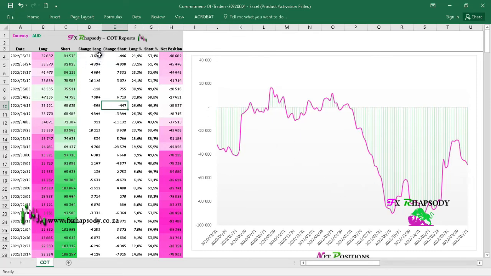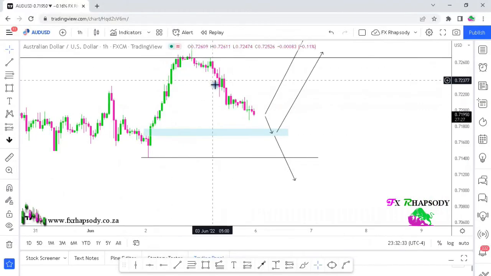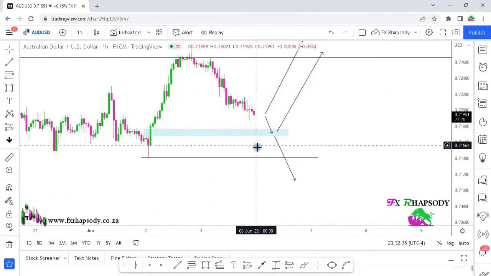We can see longs being closed in the market and shorts being closed. Last week we had longs and shorts being closed, you had more longs and shorts, so the price started pushing down, and now we can see that those big banks and institutions are pushing that price down even more. That's the reason we're seeing this downwards movement in the market.